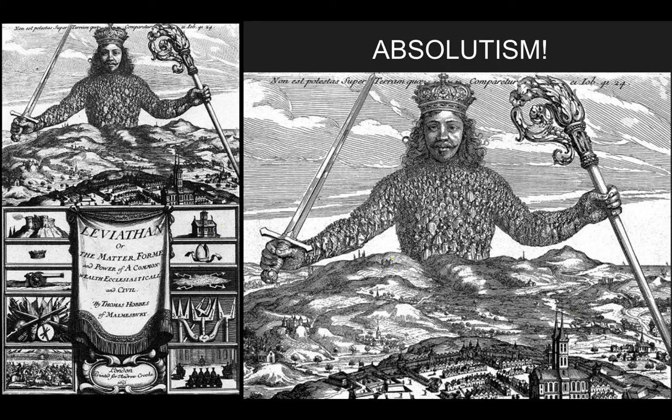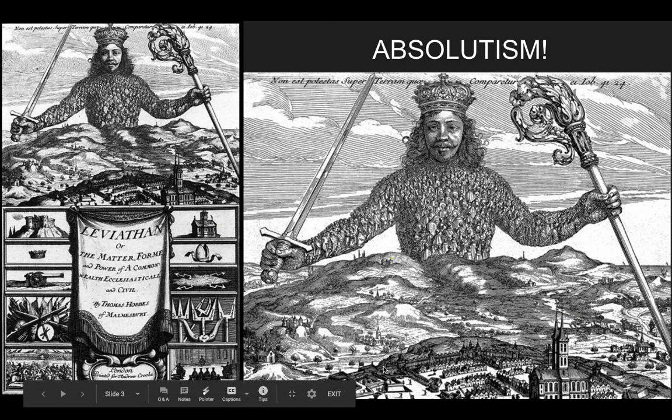So here you see a visual representation of absolutism, and you see it because you clearly see a man with a crown on his head who is lording over the land. And as we look at the whole cover, what constitutes that person's power?